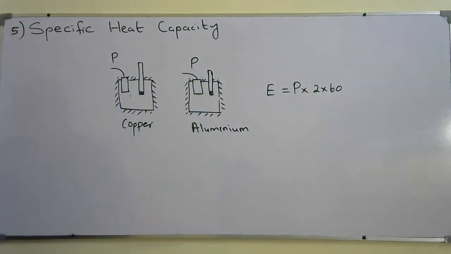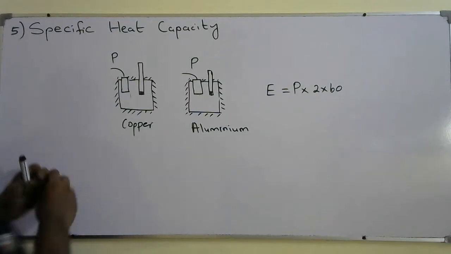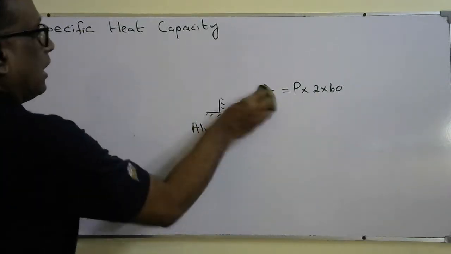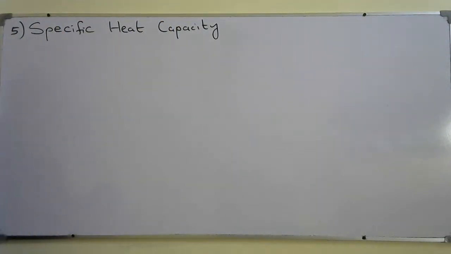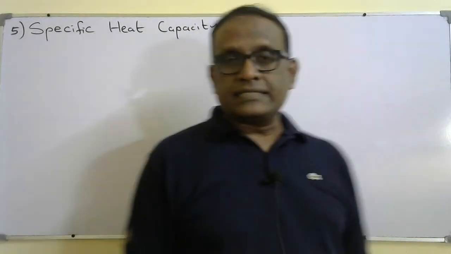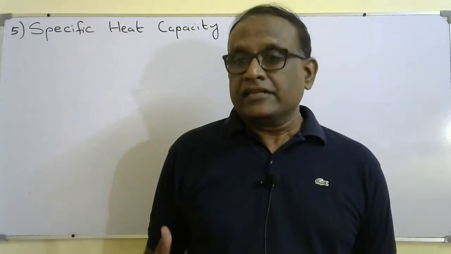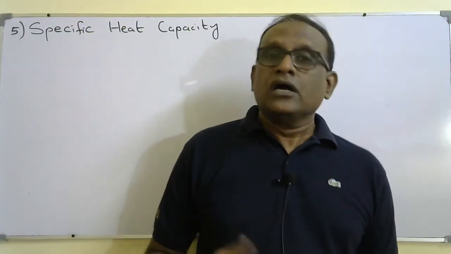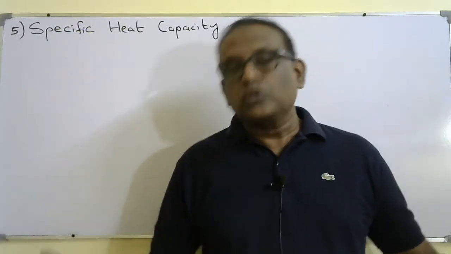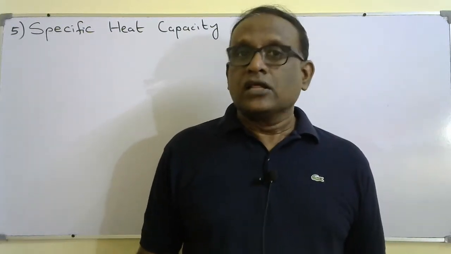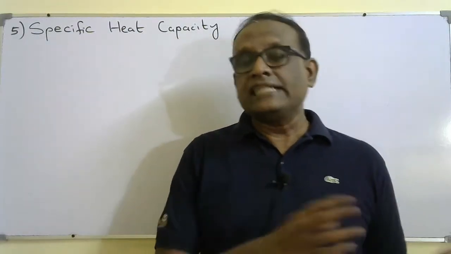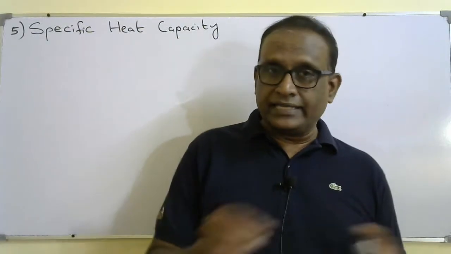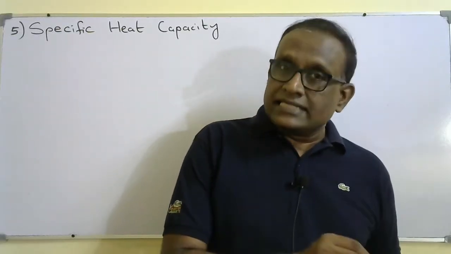So you know, when we define specific heat capacity, all the definitions we define in a mathematical format. So specific heat capacity is defined like this. Several times in the past papers they asked to define specific heat capacity. So we define specific heat capacity as the amount of heat required to change the temperature of unit mass, 1 kilogram, of a substance through 1 degree Celsius or 1 Kelvin, because I already told you that the change in temperature will have the same numerical value whether it is in the Celsius scale or Kelvin scale.